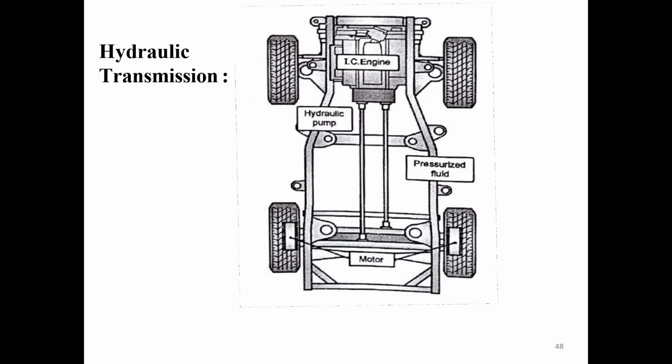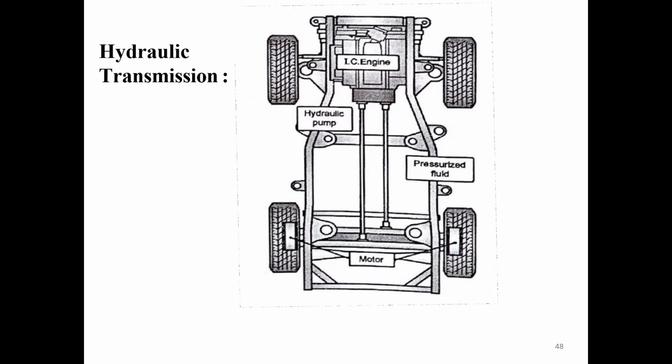Just listen to me. In case of a normal vehicle, rotary motion produced by the engine is transmitted to the wheels through a mechanical power transmission system consisting of belts, clutches, gearbox, axle, shaft, and various mechanical components like pins and couplings.